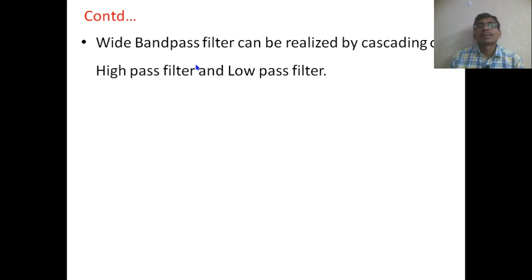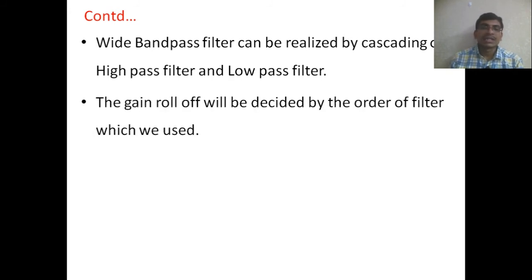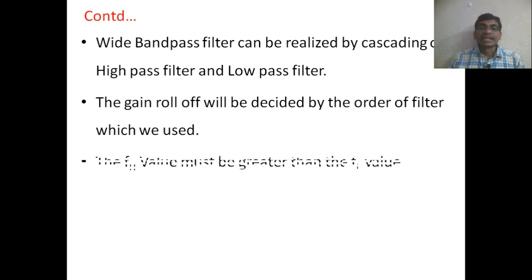The wide band pass filter can be realized by cascading a high pass filter and a low pass filter, as we have seen in the circuit. The gain roll off will be decided by the order of the filter which we use. As we selected both as first order filters, the gain roll off will be 20 dB per decade.